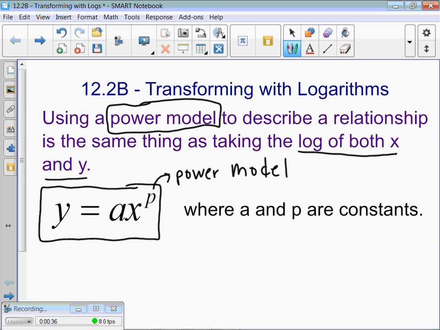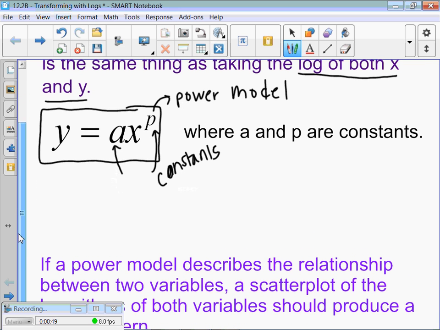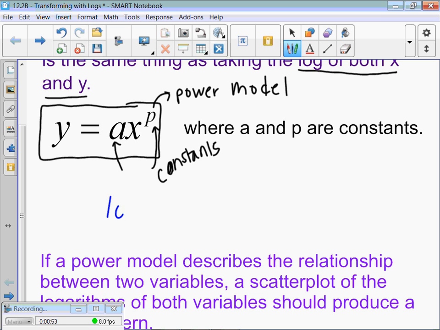And then A and P are both constants. So you might want to make note of that. And so what we can do is take the log of both sides in this power model. So I'm going to log this side here, and I'm going to log this side here.